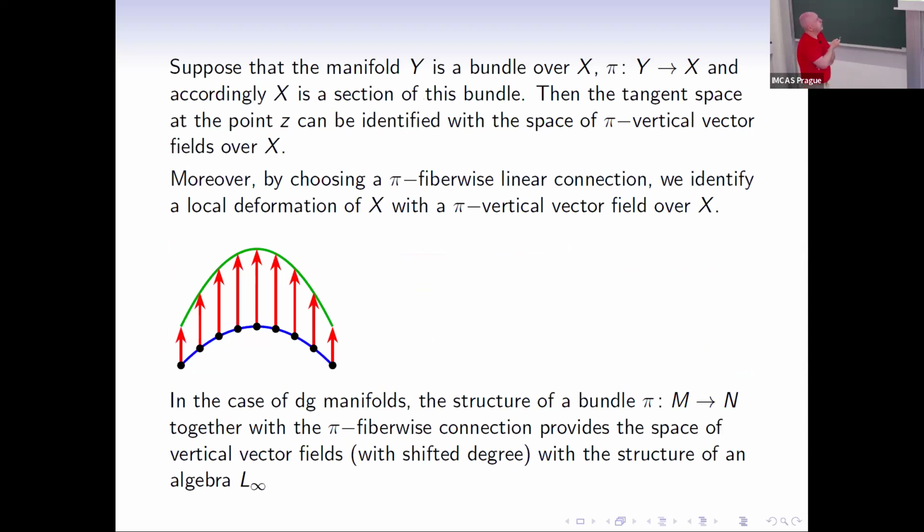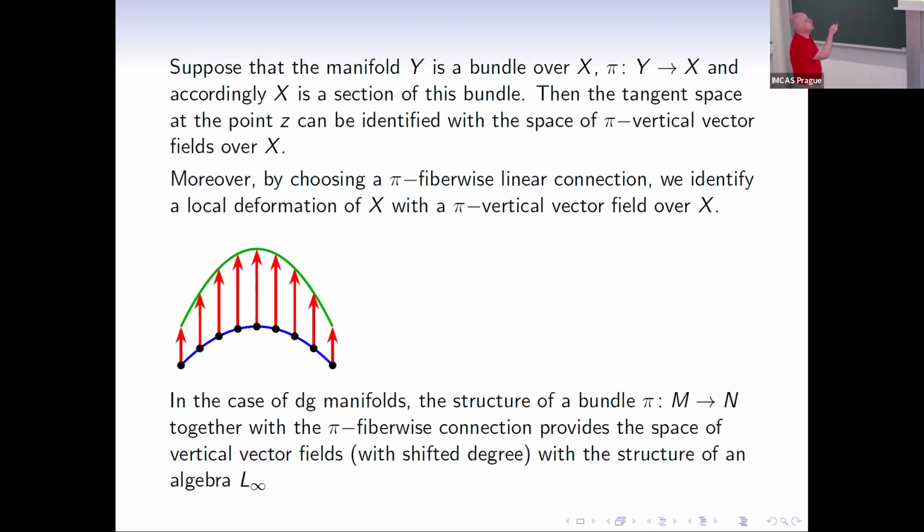Then DG submanifolds can be linearized: we can linearize the formal neighborhood of this submanifold by use of the vertical vector fields and some connection. And in this direction, we are working now with my PhD student to generalize the Kapranov structure. So what is this? I will explain it slightly later.